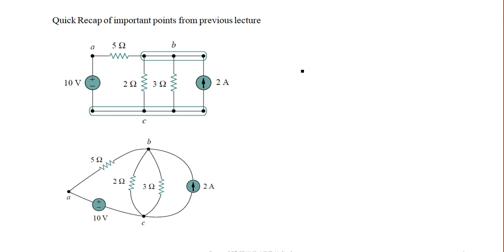If you think about a branch, it should have an element associated with it. So it can be a resistor. This we can call a single branch, right? There may be a resistor followed by some voltage source also.